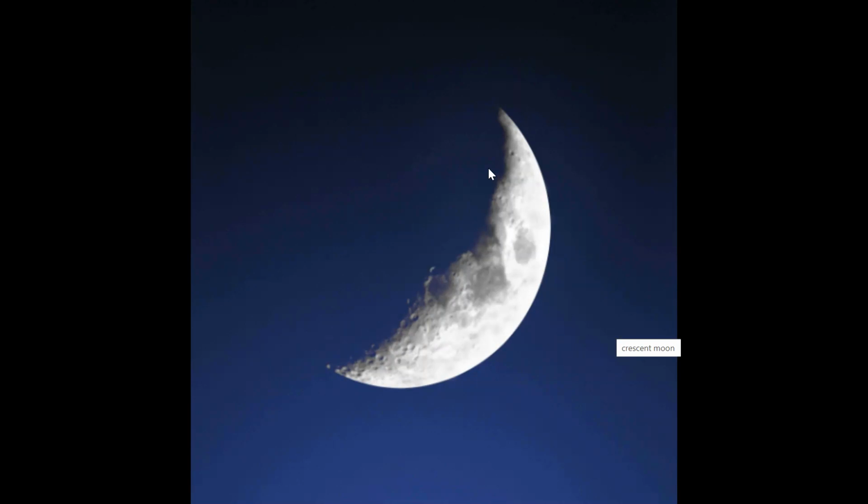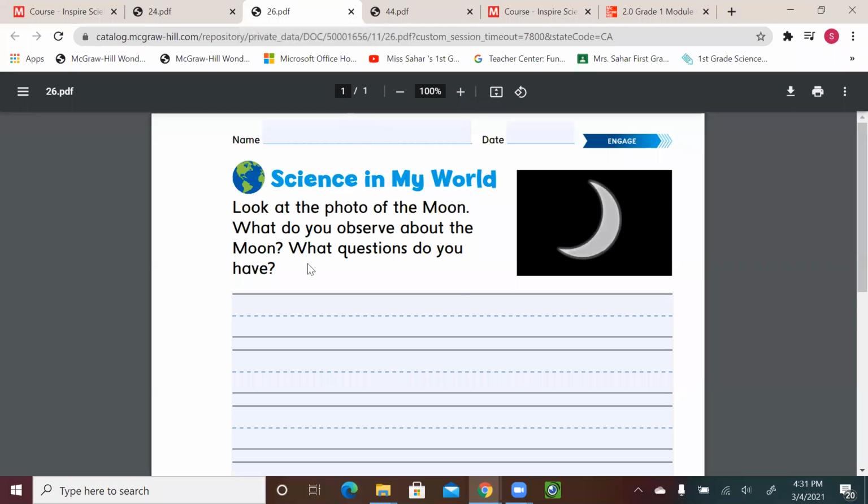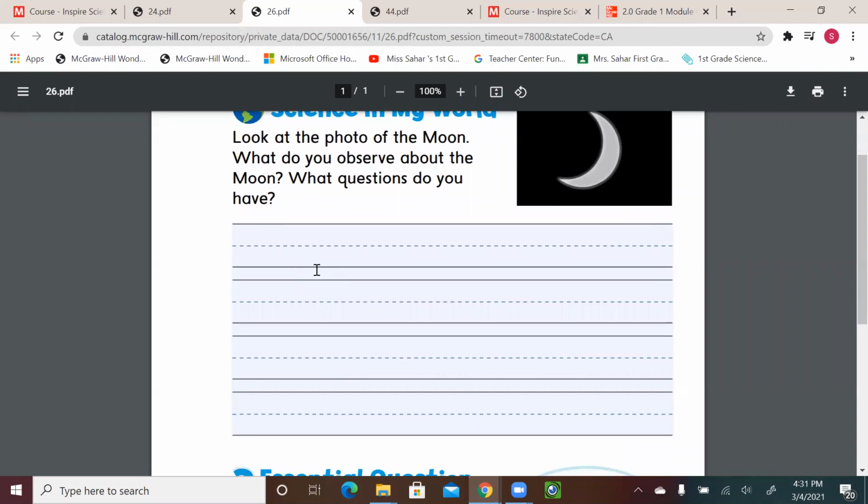Why, for example, do I see only part of the moon? Or why is the moon different today? Maybe today you see a full moon, or maybe three quarters. So we can ask different questions related to this picture. All right, so let's go back to page 257 and write down our questions.